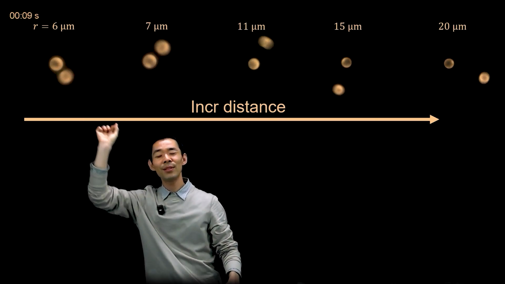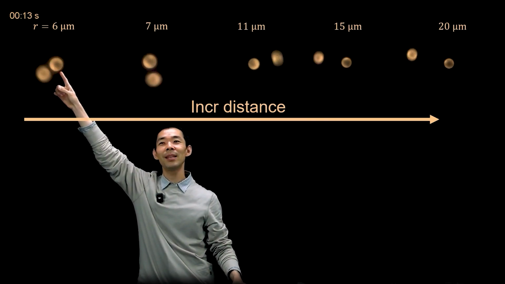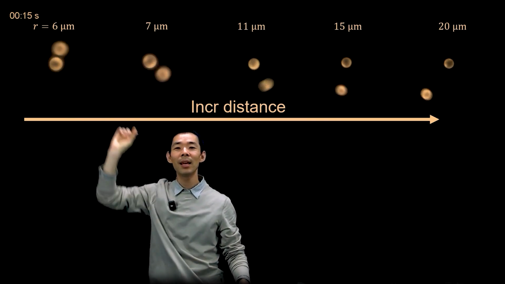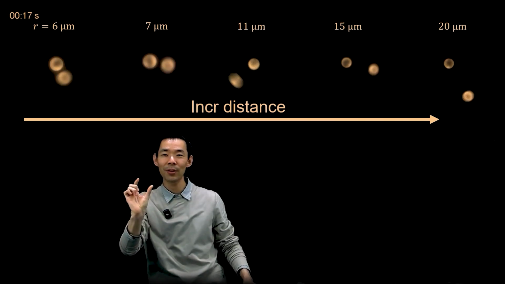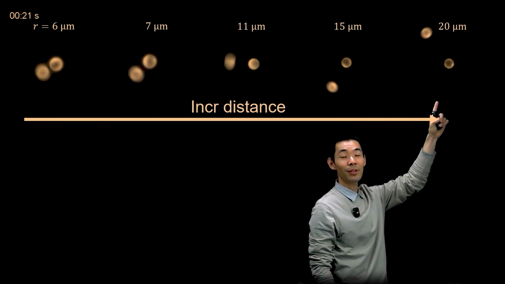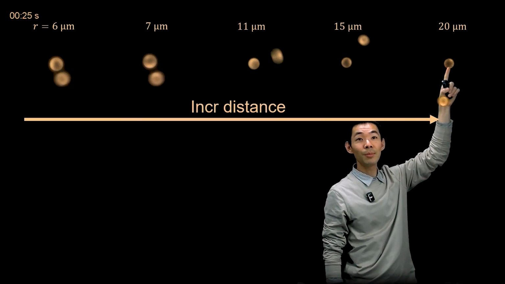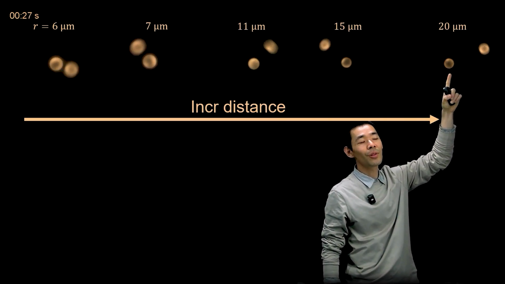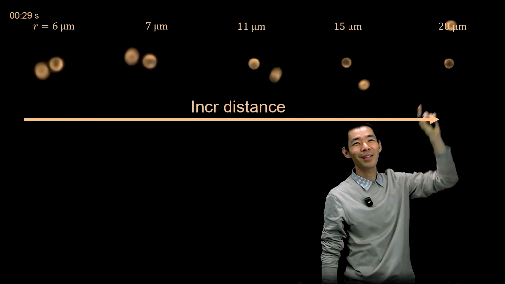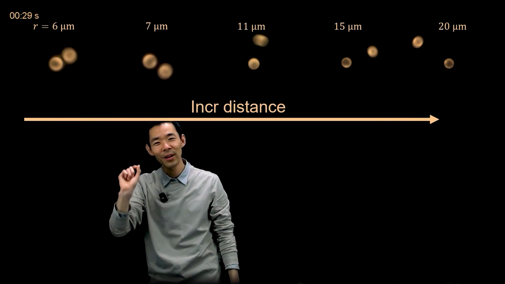Here we have the smallest separation of the center of the bead to the translating bead. That center-to-center separation is 6 microns, and we can go all the way over here to a separation distance of 20 microns, and you can see that the center colloid is moving very slowly inside the far separation, but rotating very quickly when it's very close.